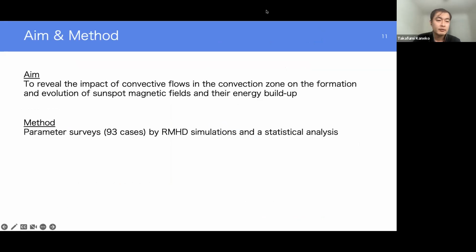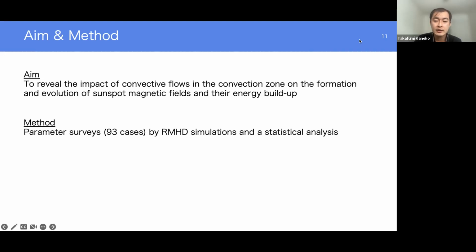So basically the aim of our study is to reveal the impact of convective flow in the convection zone on the formation and evolution of sunspot magnetic fields and their energy buildup. The method is that we performed a parameter survey including many cases, and we performed a statistical study.